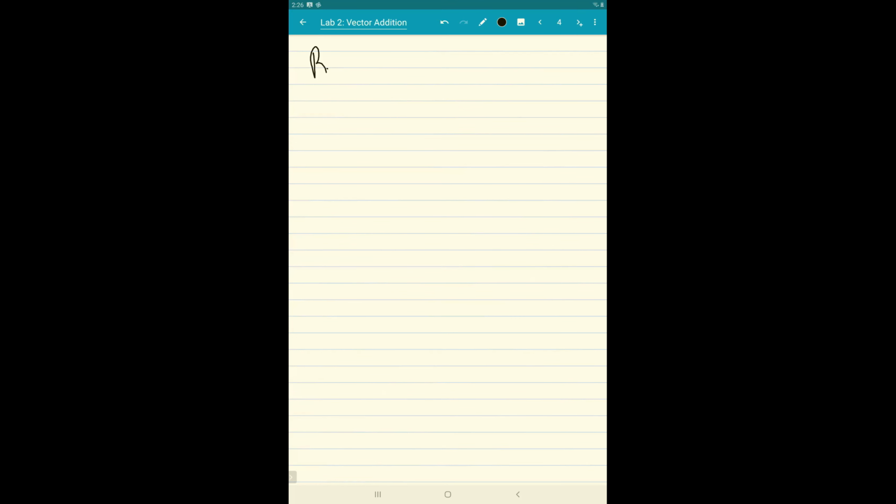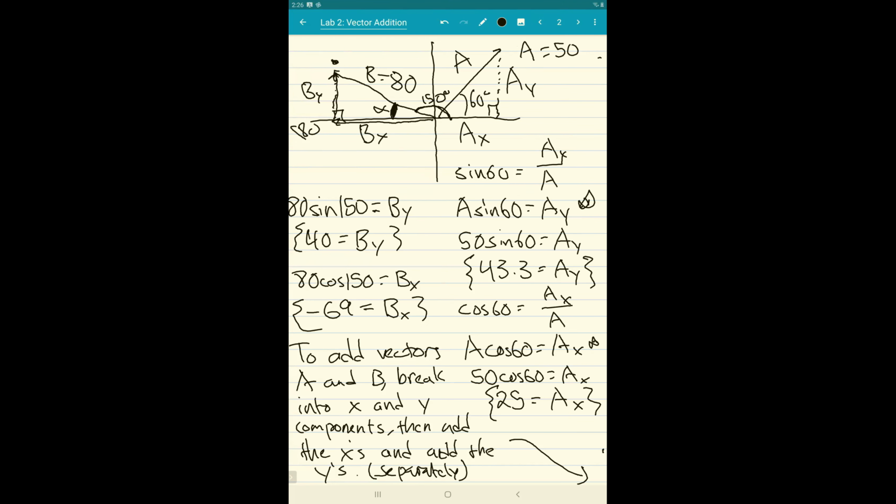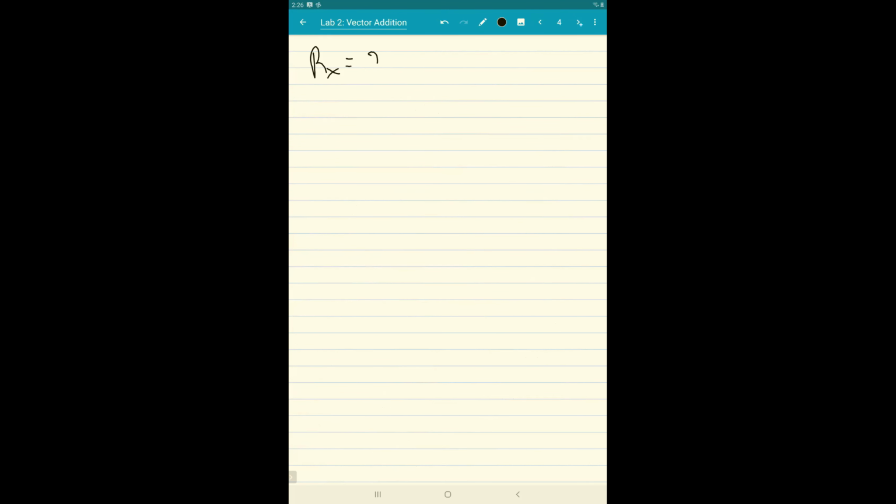So let's find my resultant vector. My r sub x is going to be whatever a sub x and b sub x added together is, which is 25 and negative 69. So 25 plus negative 69, and I get negative 44.